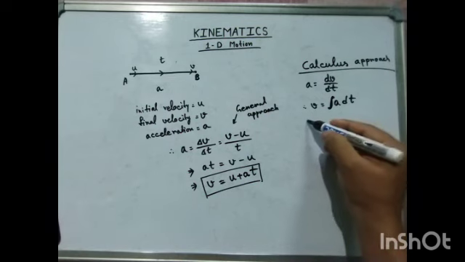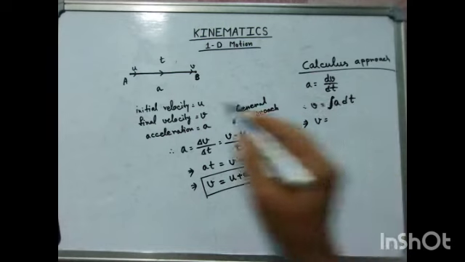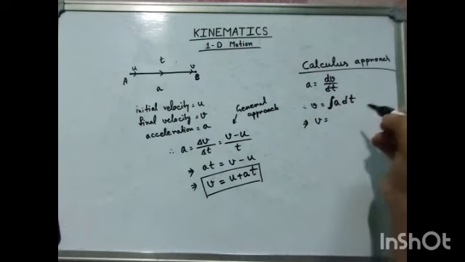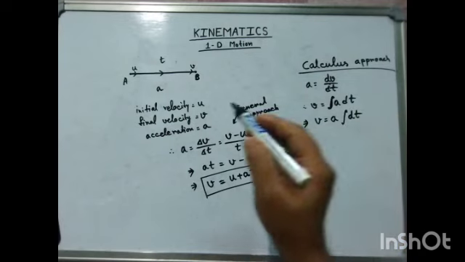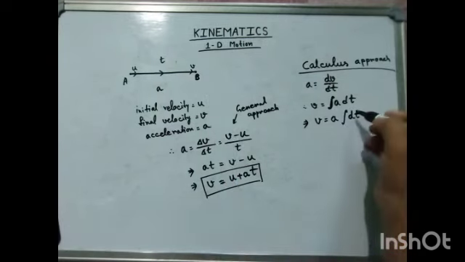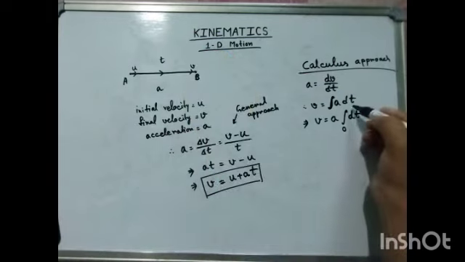Now a is constant, as we told that we are moving with a constant acceleration, so a will come out of the integration of dt. And suppose we took t time, so the limit of time is, initial time is 0 and final time is t.